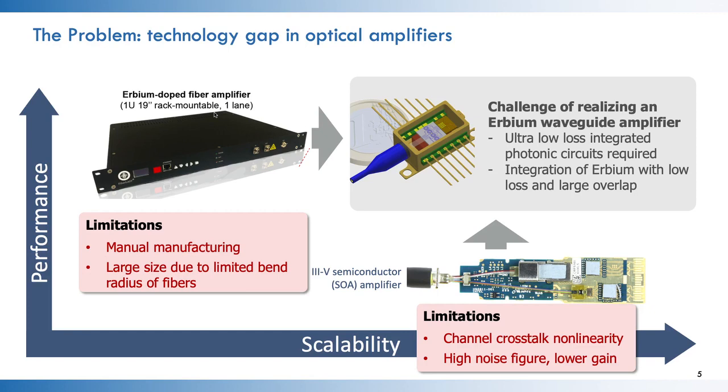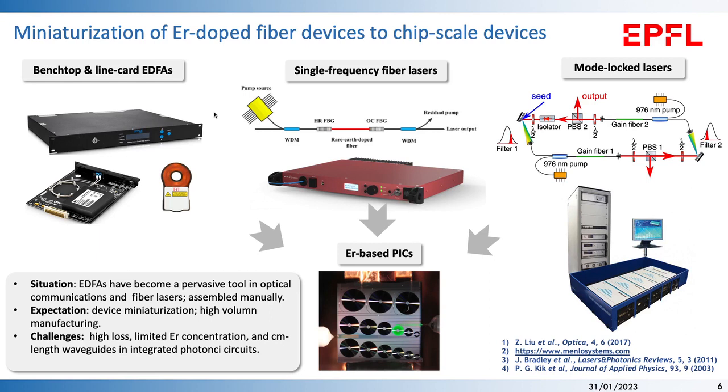It can amplify up to 4 channels nowadays in the Huawei or IBM research labs, and it has a relatively high noise figure. So in the end, we really want to combine the best performance from the EDFA with the small form factor of the integrated photonic circuit, to get a very compact integrated circuit-based Erbium-doped amplifier or laser.